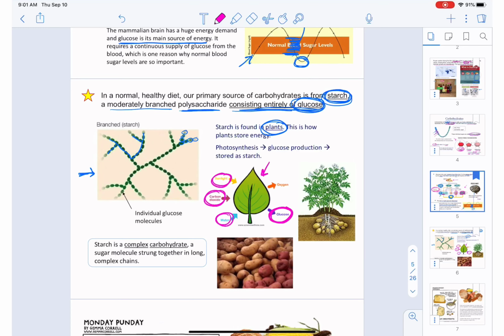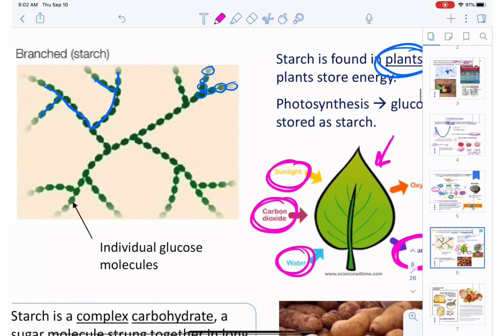But what if the plant has excess glucose? Okay, it's not something you want to get rid of, and so the plant can store it as glucose or store it as starch. So here we have a potato plant, and it's generating all this glucose, and any extra glucose it has, it's going to store as starch down here in the potatoes. So it takes this excess glucose and it links them together by covalent bonds, and it turns it into a starch molecule, and it essentially saves it for later.